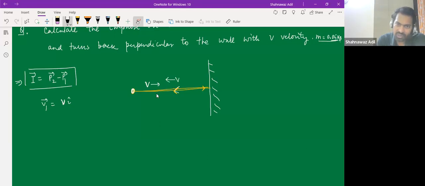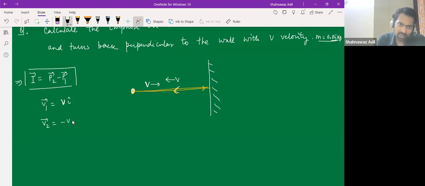Yes, sir. Now the ball is returning back with v velocity. So what is v2? Minus v i cap. It is going in the opposite direction. Yes, absolutely right.